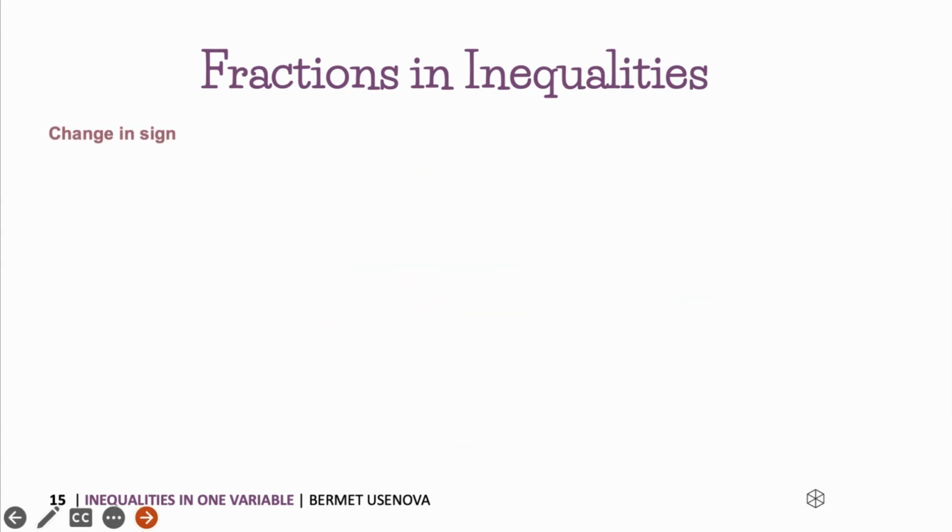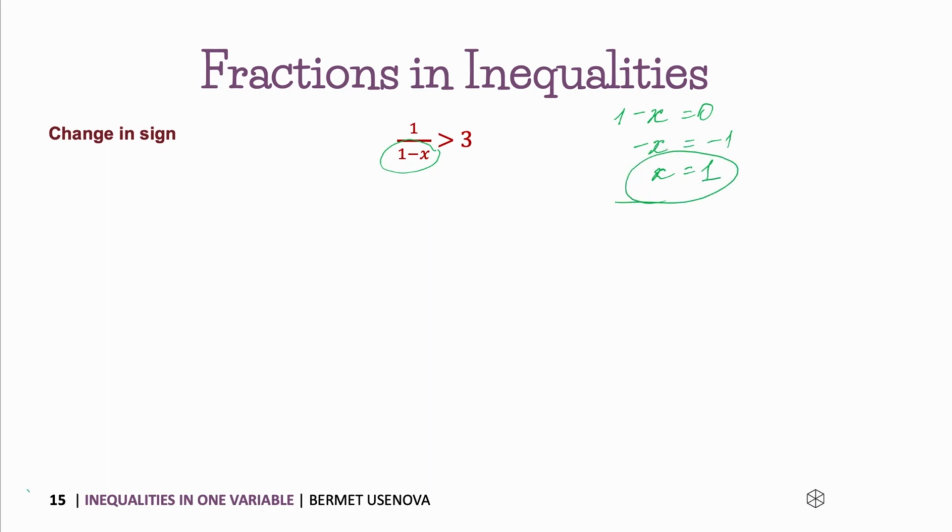Next example, when we change the sign. So here we have a denominator which is a little bit problematic. Because the denominator cannot be equal to 0, we have to exclude the root of this term. So we have to look at two situations: when x is larger than 1 or when x is smaller than 1.